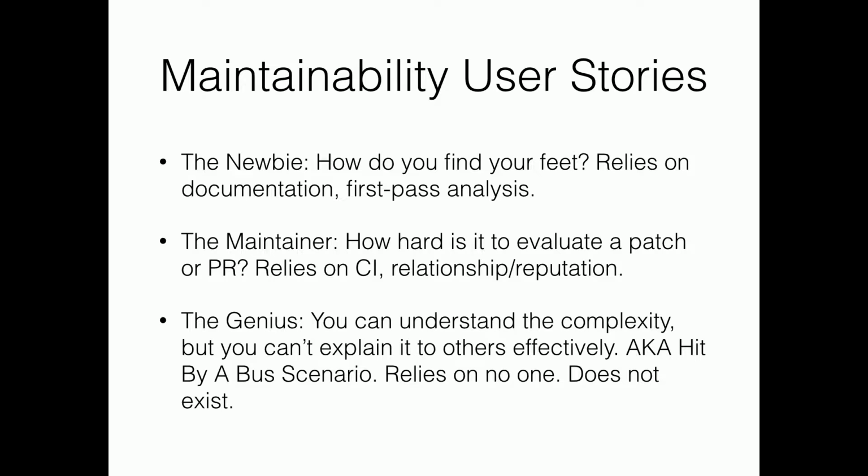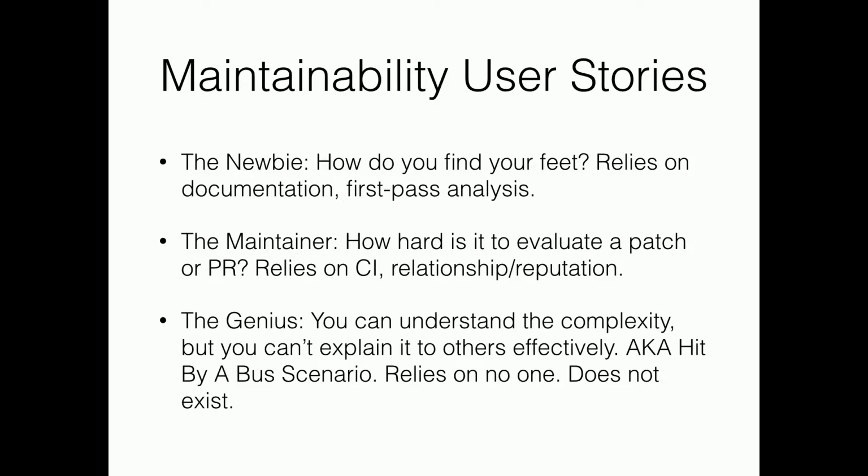So here's a couple of maintainability user stories. We have a newbie who's new to the project, and so he's relying on documentation and first pass test analysis and all that kind of thing. We have a maintainer who has to evaluate patches or pull requests, and is going to rely a lot on whether the tests pass or the relationship they have with the person presenting the patch or the code.